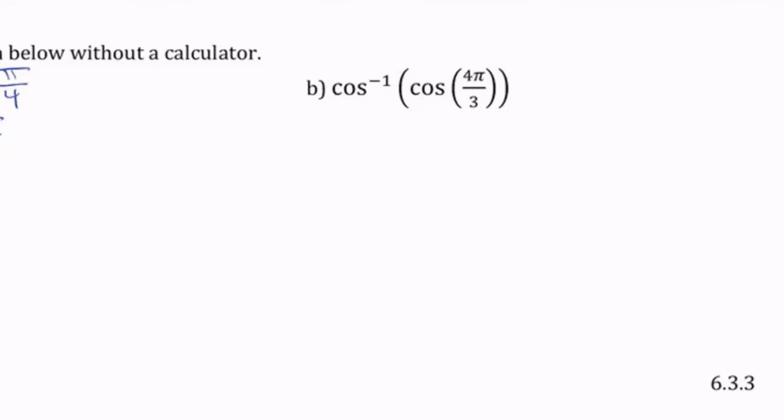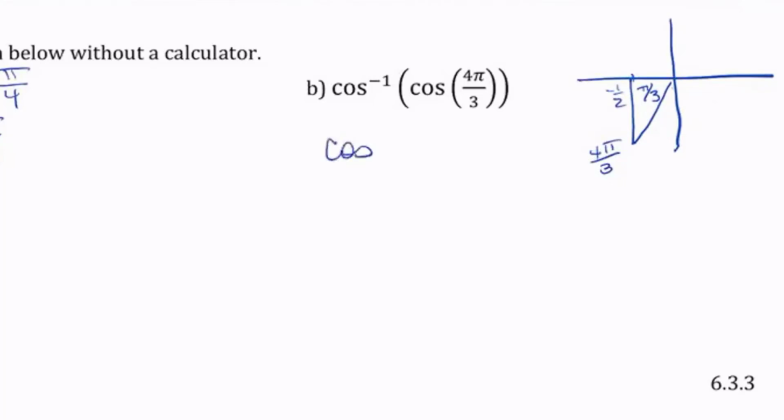So B can be a little bit tricky because we have cosine of 4pi/3. If we were to graph 4pi/3, it would be down here in quadrant 3. Reference angle of pi/3, 4pi/3, that would give us a -1/2 x value. But remember, we get a cosine inverse of a -1/2. That's fine. But now we have to take the cosine inverse.